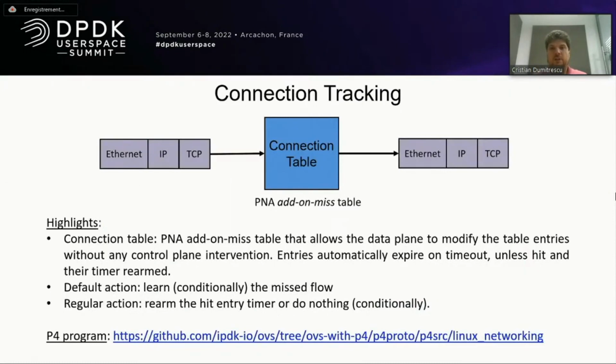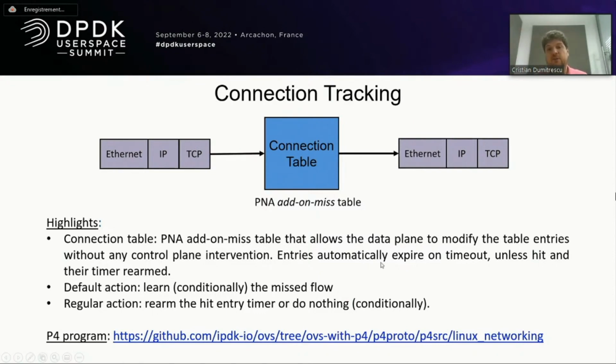A few details about some of the use cases that we enabled with the latest changes that we mentioned. Some of these use cases were very difficult to enable previously. So for example, connection tracking is using that add-on-miss table that I mentioned. This allows the data plane to modify the table entries without any control plane intervention.